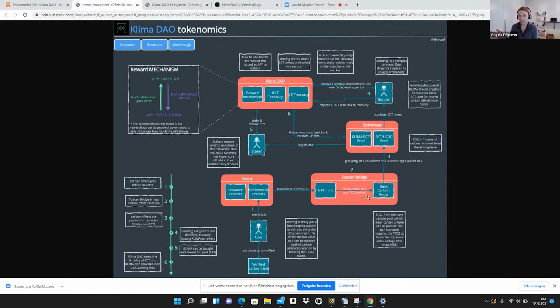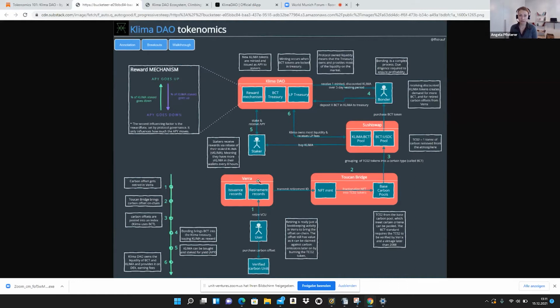And this BCT token can be seen as an index like the DAX, with a lot of underlying TCO2 tokens, but the index ensures the same measuring. So in the end, the protocol can use it to mint one Klima when one BCT is given to the treasury. And here the last player is currently Verra.